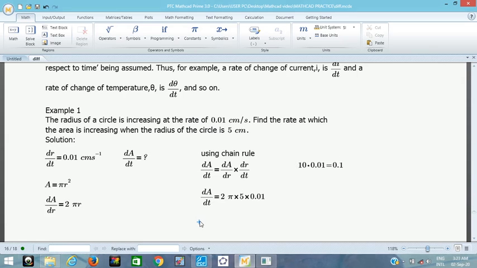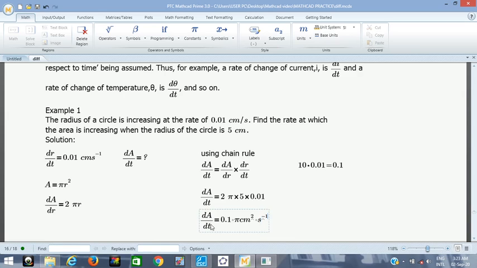So we are going to get dA/dt equals 0.1 pi, and this is area, so the unit is going to be centimeter square per second, cm² s^-1. So area is centimeter square divided by time. The t is time. So this is your answer in terms of pi.